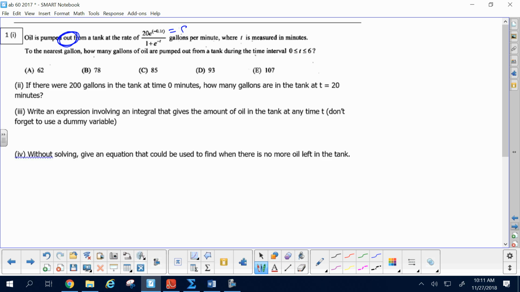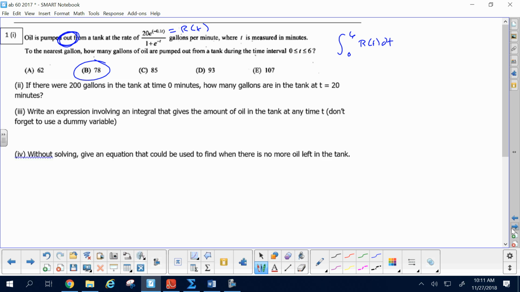Can I just call this R of t so I don't have to write that stinking thing every time? Okay. When I'm given a rate of change, I can find an amount of change by integrating. I think we did this yesterday, and we got an answer of 78. I'm going by memory. The pumped out thing didn't have any effect.